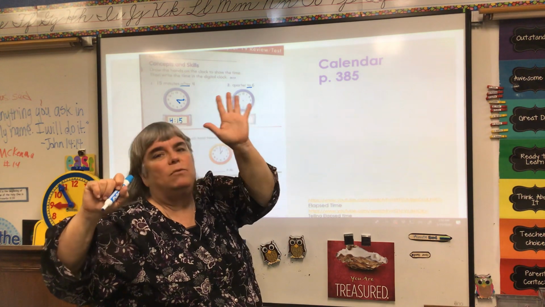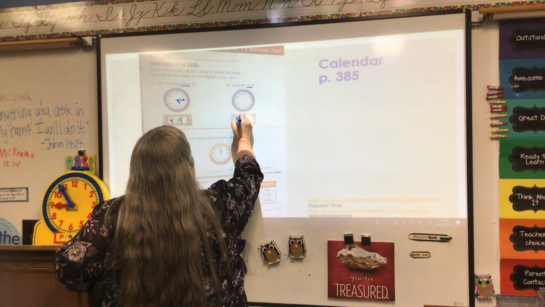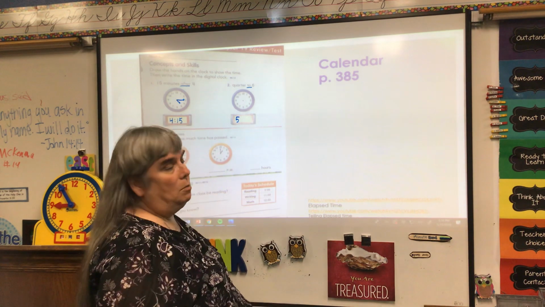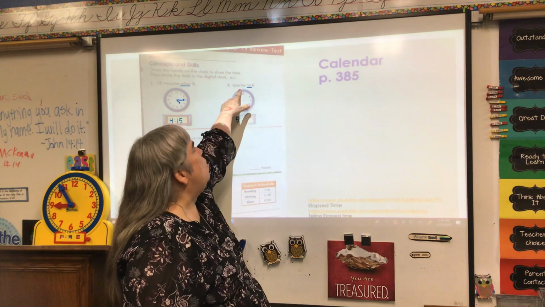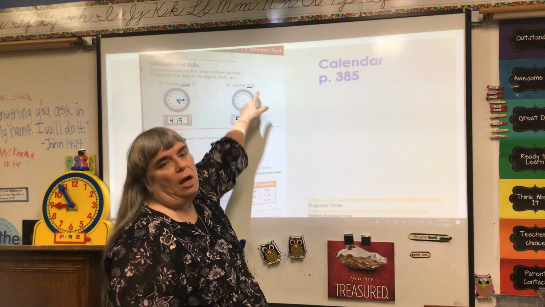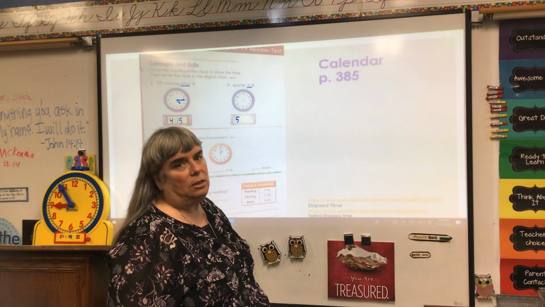What do I have? 5. So that means the hour is 5 o'clock. Now I'm going to go back and I'm going to say quarter, but it's quarter to 6 o'clock. So that means 15 minutes before 6 o'clock.